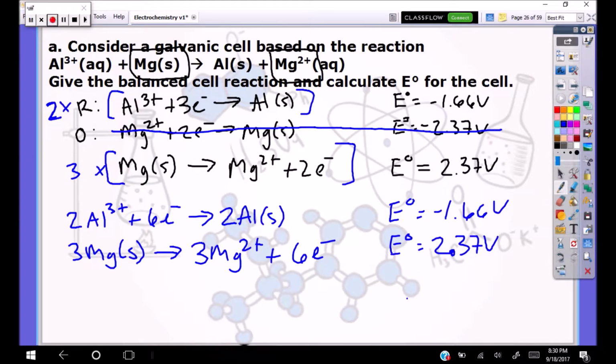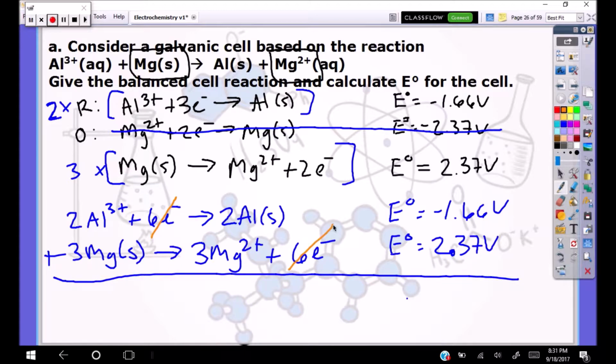Okay, well now we know that the electrons will balance, so we can go ahead and add everything together. So when we add, our 6 electrons will cancel out, and we'll be left with our balanced equation, and we want to add our cell potentials together. When you add them together, we should be able to figure out whether or not this is going to be spontaneous.